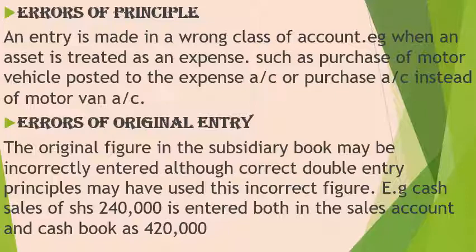Right from the beginning, the amount for sales was 240,000, but you saw it as 420,000. So when you continue posting it, you would get the same totals, and yet there is a mistake which we call error of original entry.